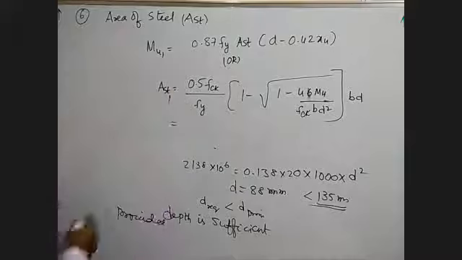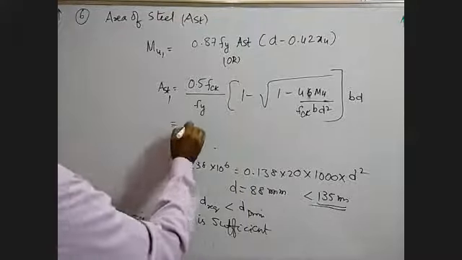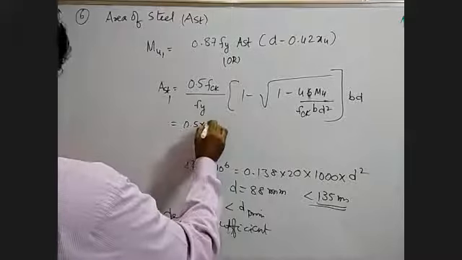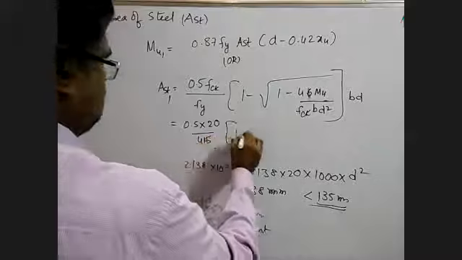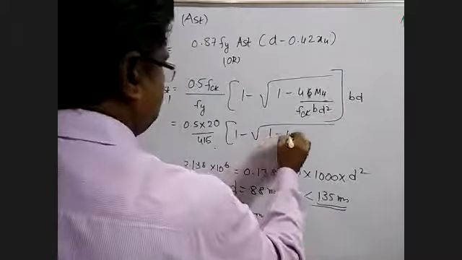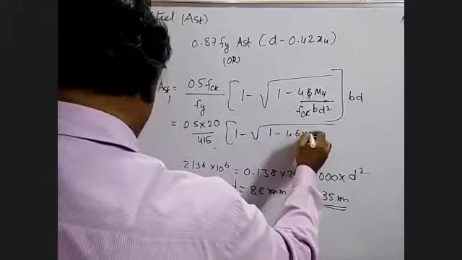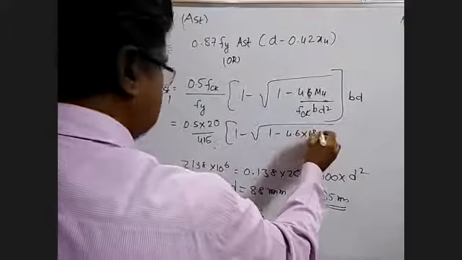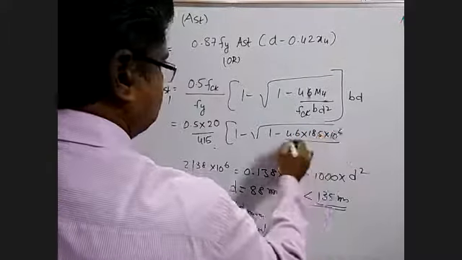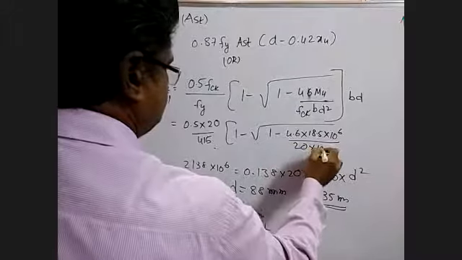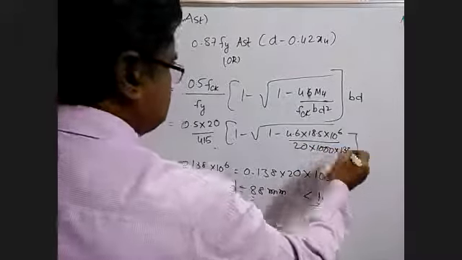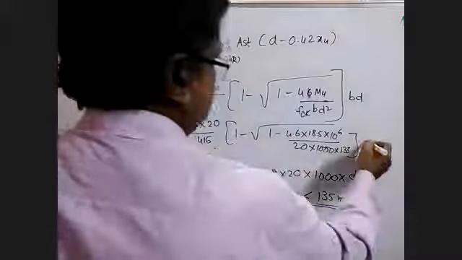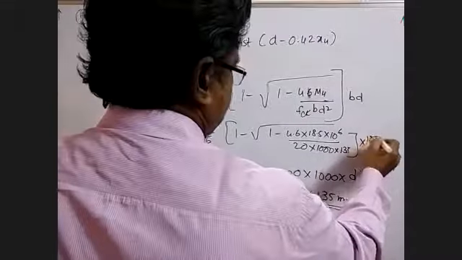Now substitute using this formula, you can calculate the AST value. Let us say this is AST1. Now substitute the values here, 0.5 into ... 1000.